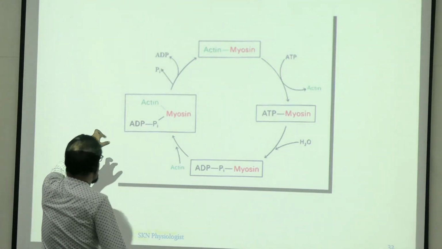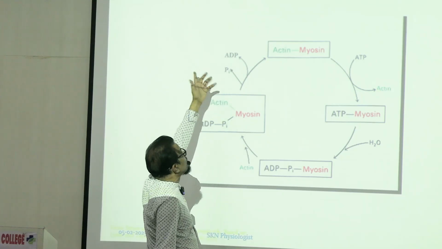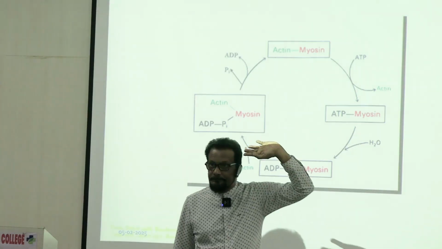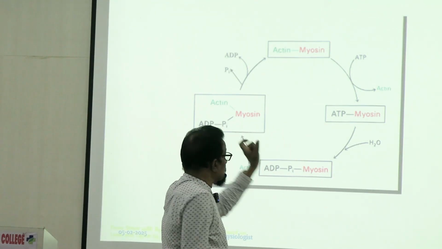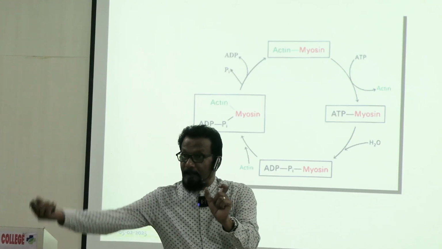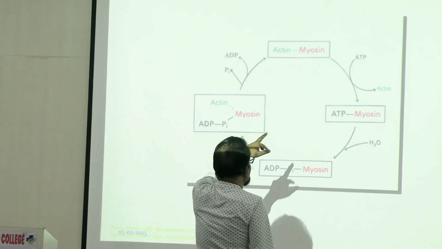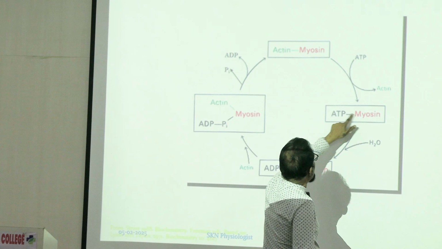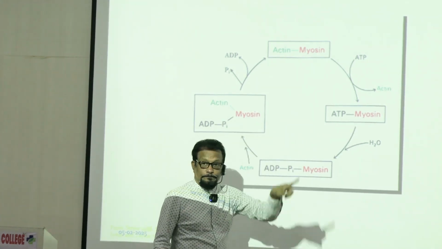Now Pi will be released and again actin-myosin will be there. After some time, again ATP will bind to myosin. So this cycle will be going on.